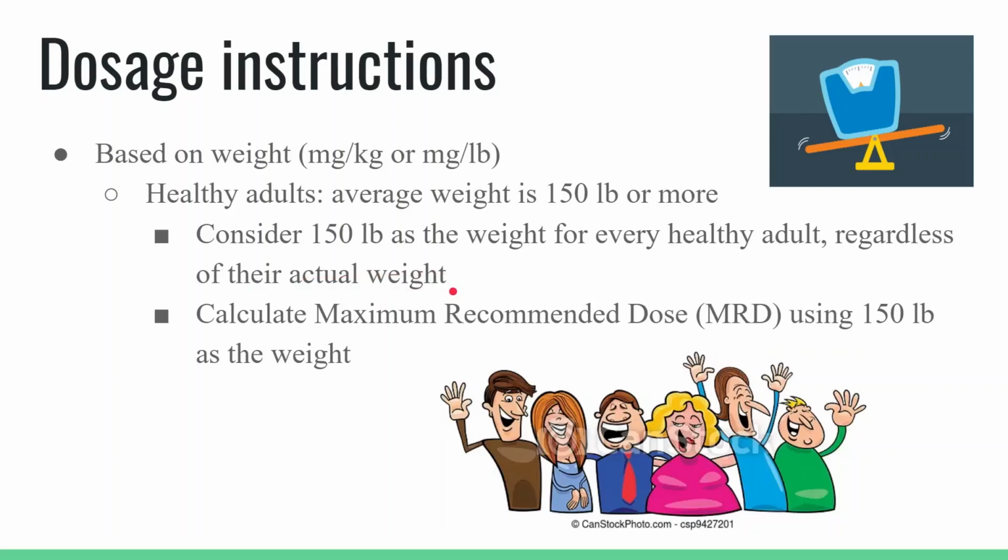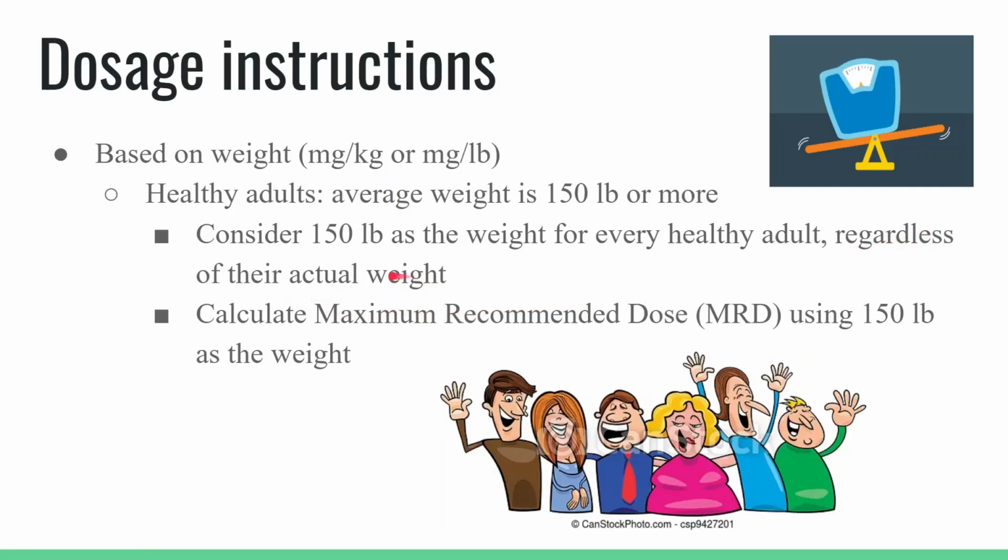It's important to understand this. Okay? So if the patient was a healthy adult and weighed 160 pounds, I will give the patient the dose of a 150 pound patient. If they weighed 190 pounds, I will give the patient a dose of a 150 pound patient. So as we said, you consider 150 pounds as the weight for every healthy adult regardless of their actual weight.